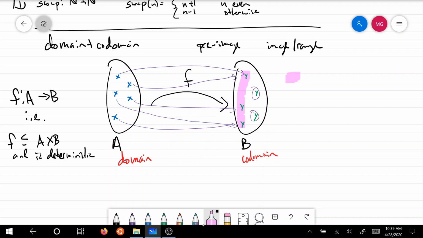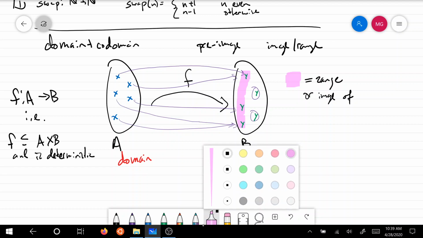This bit highlighted in pink is called the range or image of f. That's the part of B that actually gets hit by f. These two other bits of B, circled in purple, are not in the range of f.